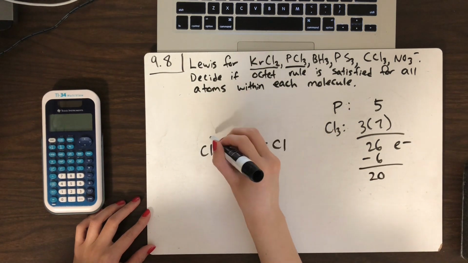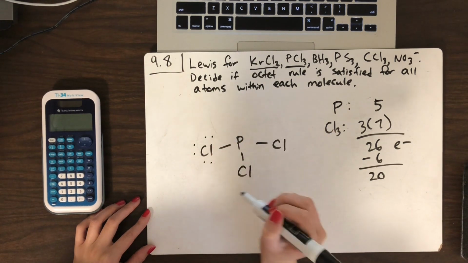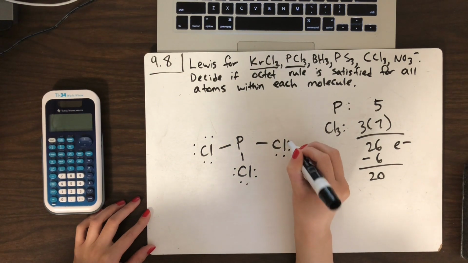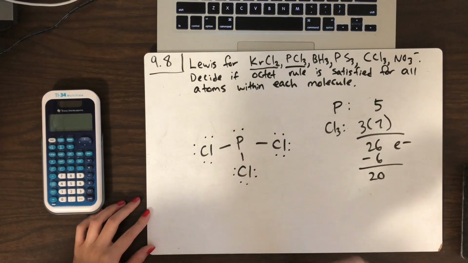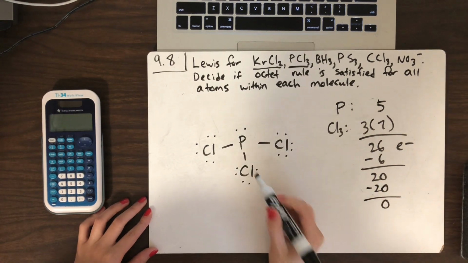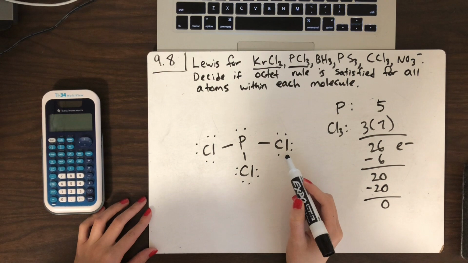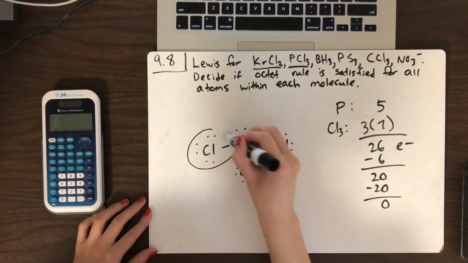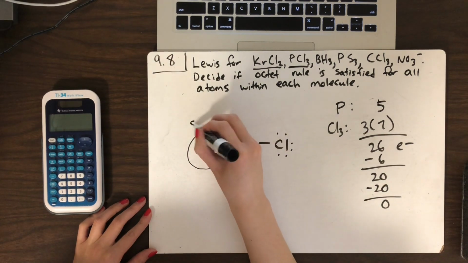1, 2, 3, 4, 5, 6, 7, 8, 9, 10, 11, 12, 13, 14, 15, 16, 17, 18, 19, 20. So everything that I could have used, I used up. Now I know anything on this board is an electron that we can use. And then we just check. Cl is satisfied with 8.